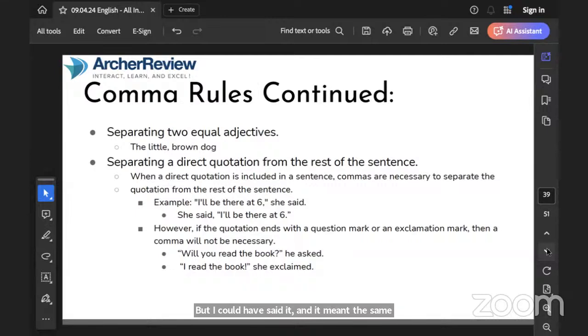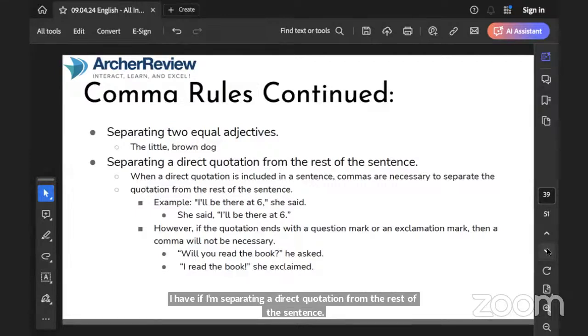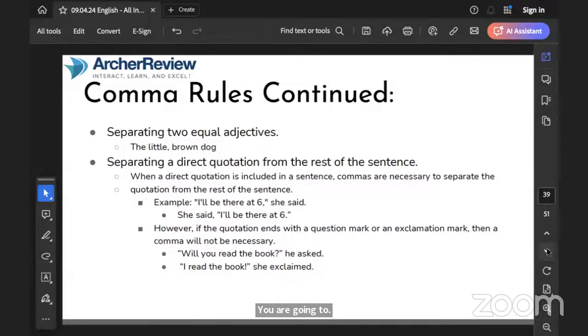Okay. If I'm separating a direct quotation from the rest of the sentence, you are going to put commas to separate in whatever way you need to separate the quote from the rest of the sentence that's not in quotation marks. So what I mean is if I have the quotation, "I'll be there at 6," and then I've got the tag, she said, at the end of it, that's not in quotations.